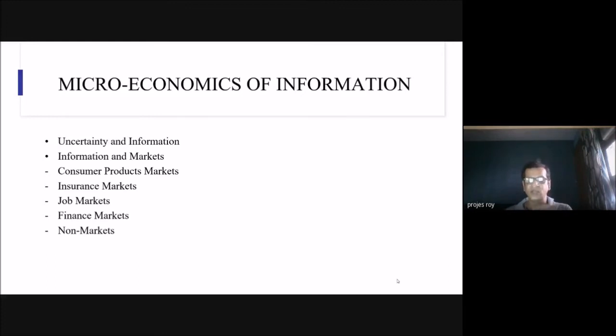If the person does not have information on where to apply, they cannot get a job. And if the person who requires an employee does not know who is the best person for that, it will be a great loss. Then the finance market has, of course, the impact of information. And in non-market areas, you are also getting some kind of information. It is also correlated with information.